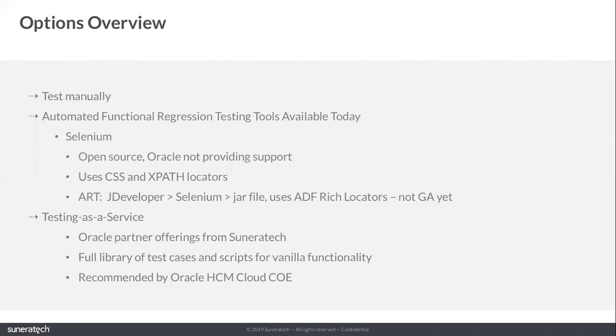We use Cineratech for our own early release validation testing. So the good news is that by the time we put out an update, say 19B, that's going to start coming out here in a couple of weeks, they've already seen 19B. They've already run their test cases and scripts against 19B. They know what's coming. They know their stuff works. It's ready to rock.